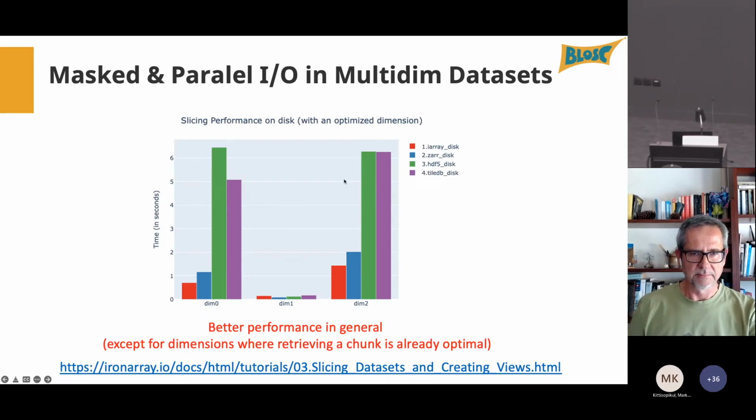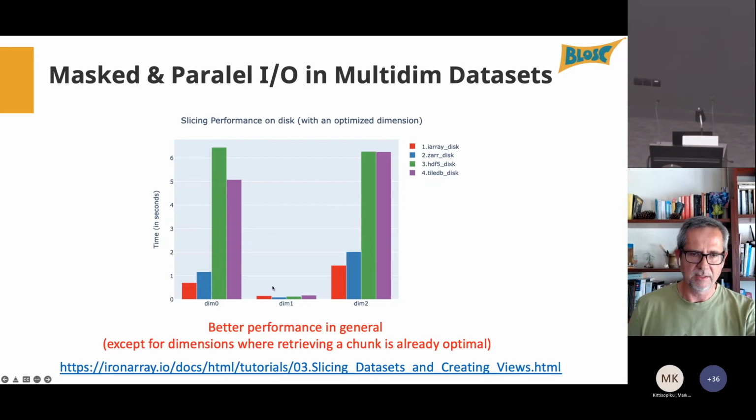Here we can see the slicing performance on disk of one array. We're comparing ironArray, which is already using Blosc2 behind the scenes, Zarr, HDF5, and also TileDB. And we can notice that we get better performance in general when using Blosc2, except for the dimension where retrieving a chunk is already optimal.